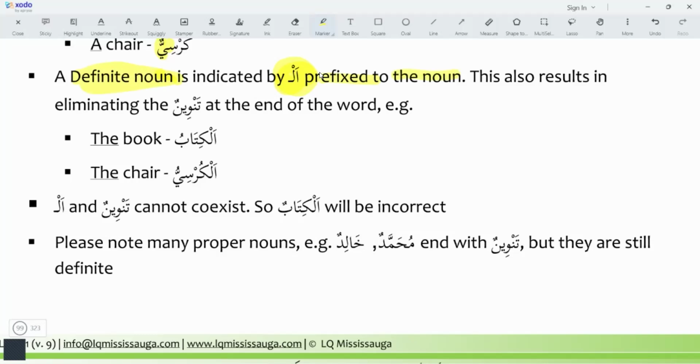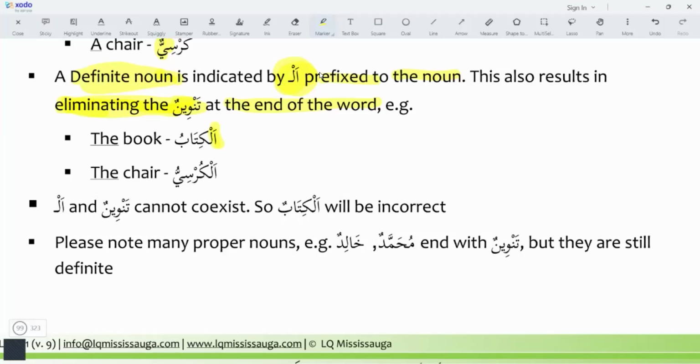This also results in eliminating the tanween. When we use alif lam with an indefinite noun, it will eliminate the tanween at the end of the word. Like al-kitabu.